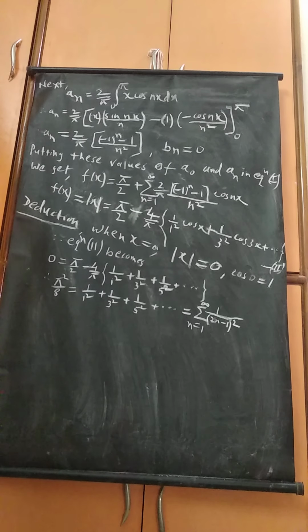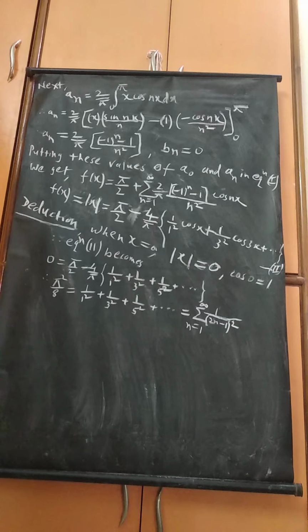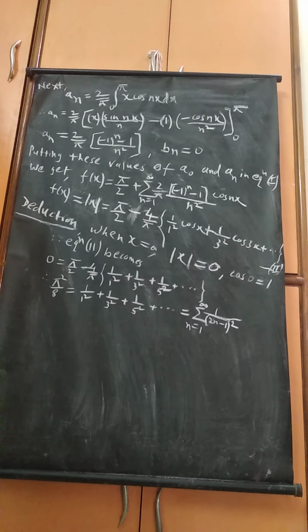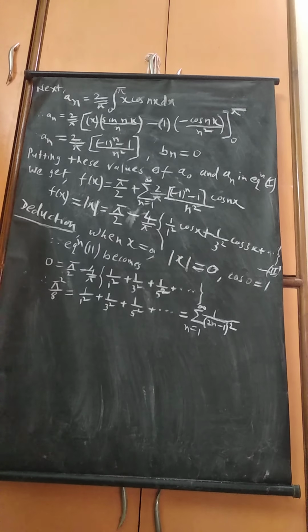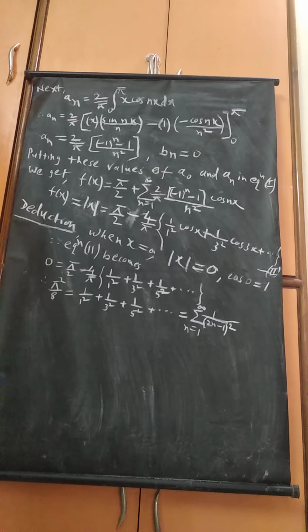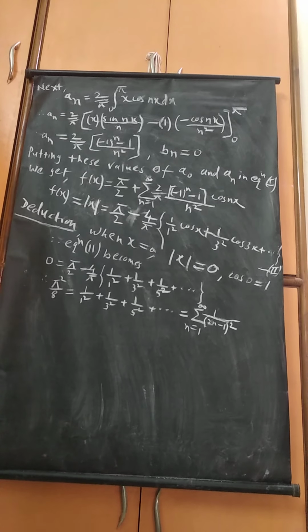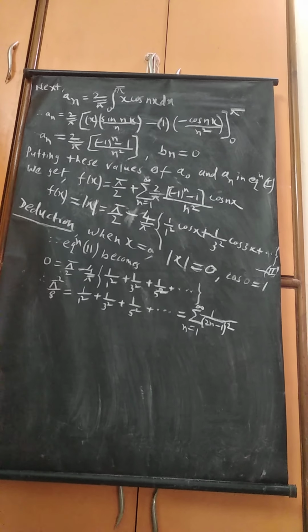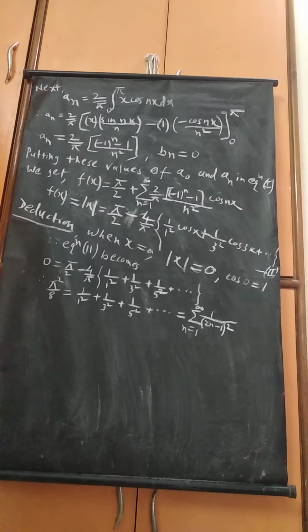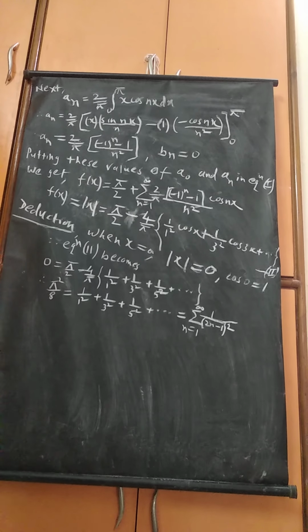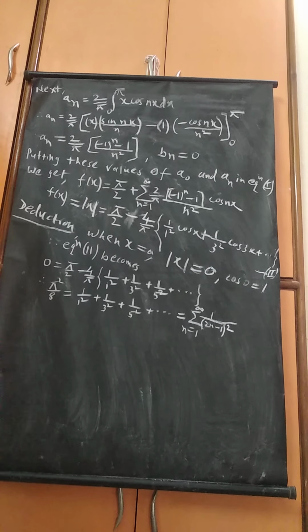That is, f(x) = modulus x = pi/2 - 4/pi after expansion, what will we get? Pi/2 - 4/pi [1/1^2 cos x + 1/3^2 cos 3x + 1/5^2 cos 5x + and so on.